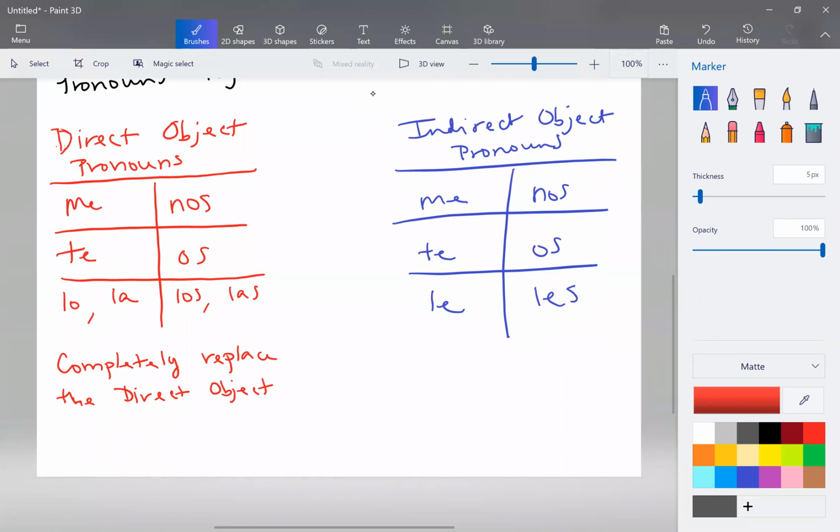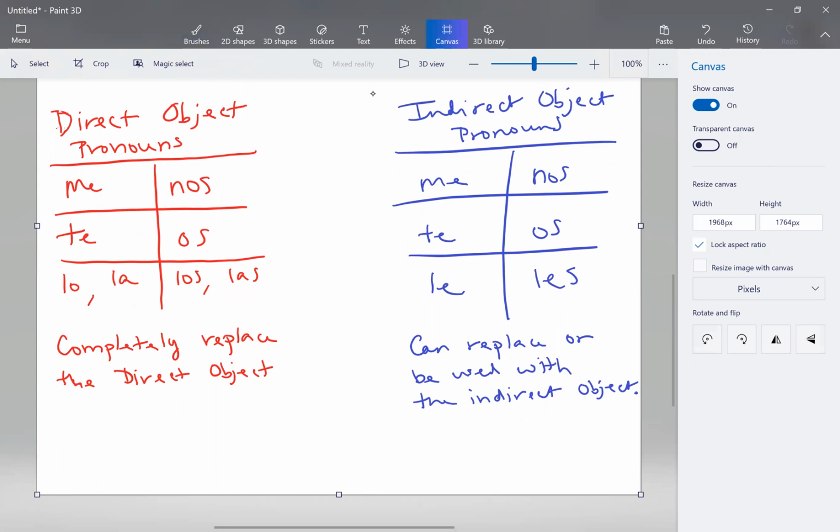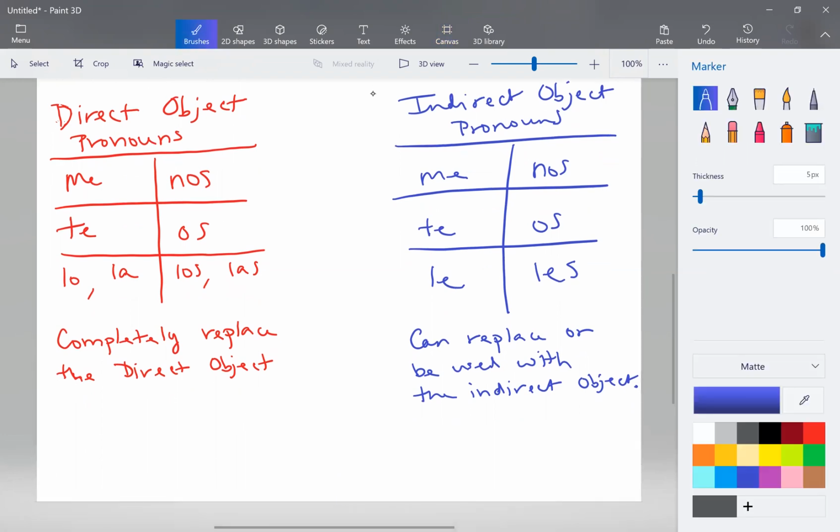But indirect object pronouns can replace or be used with the indirect object. We should remember this.